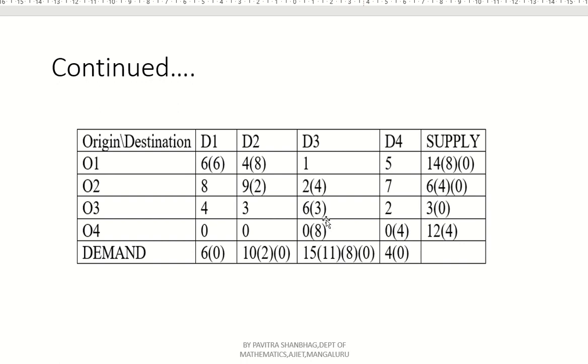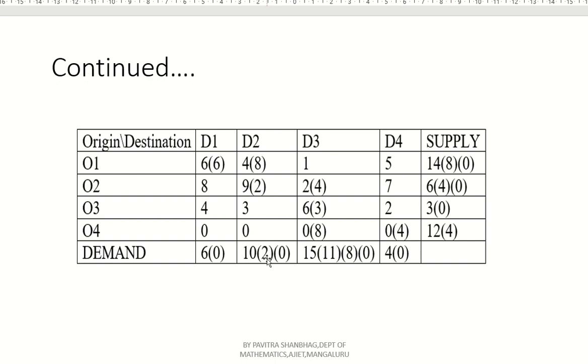First we have to assign the first element by the minimum value of demand and supply. Minimum of 6 and 14 is 6. After assigning, this column completely vanishes because there is no demand left. At the same time you have to subtract this value from the supply also, 14 minus 6, that is 8.